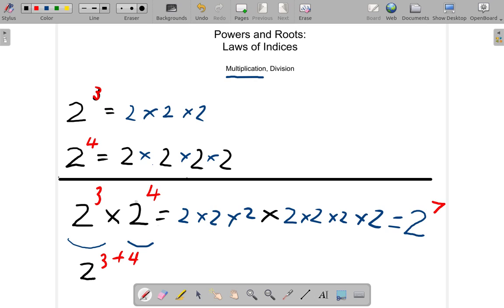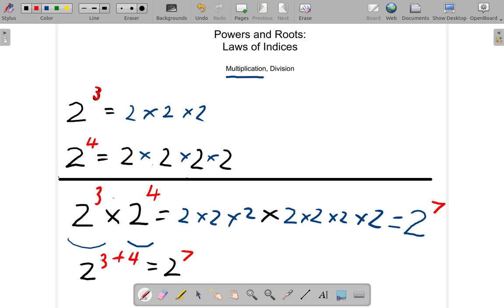Wouldn't it give me the same thing as 2 to the power of 7? Right. Now, you can try this with various numbers and you will see it always works. 2 to the power of 3 times 2 to the power of 4 is the same as 2 to the power of 3 plus 4.